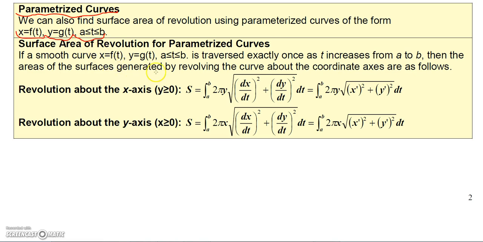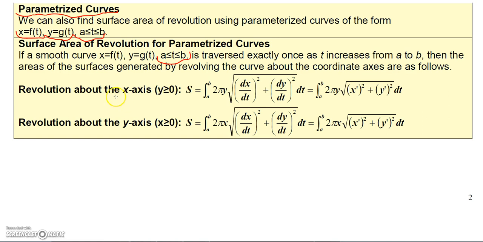Okay, so as long as this range for t traverses the curve exactly once, then the areas of the surfaces generated by revolving the curve about the axis are as follows.